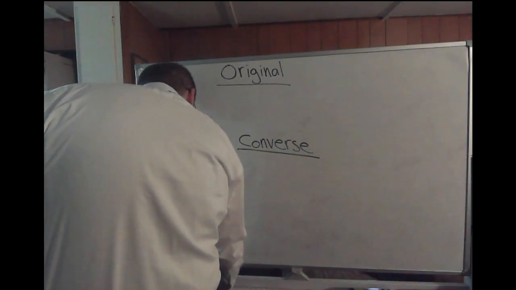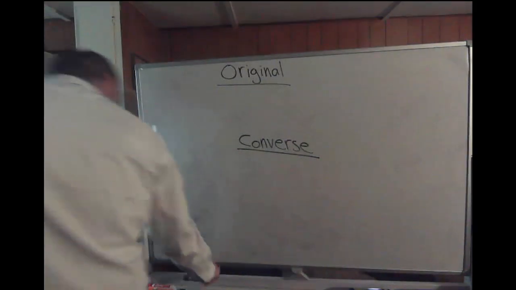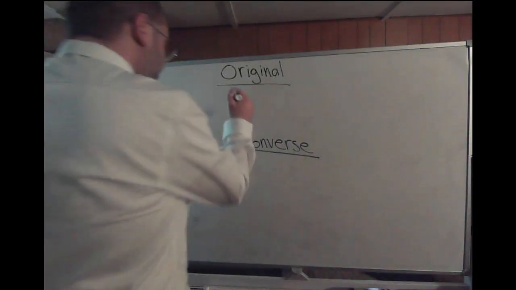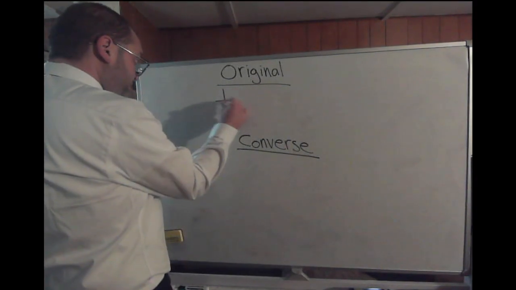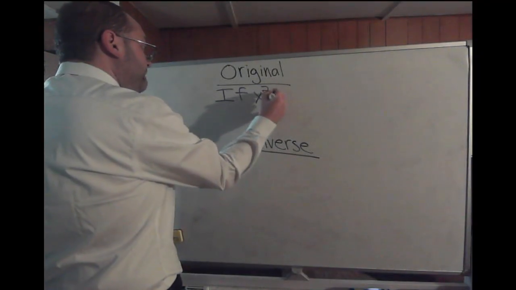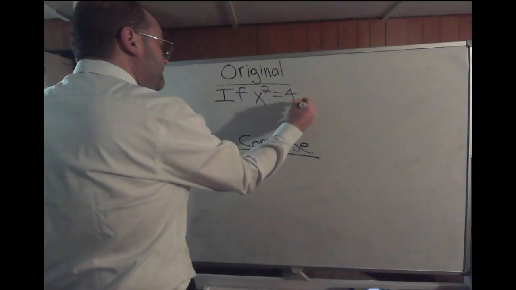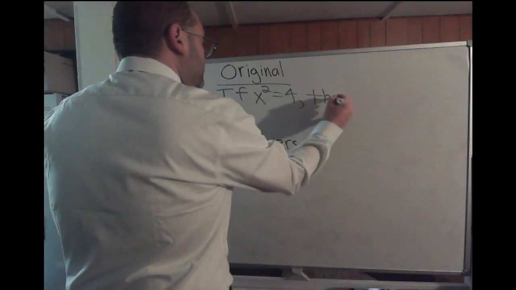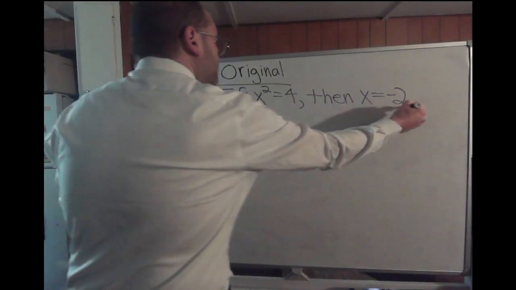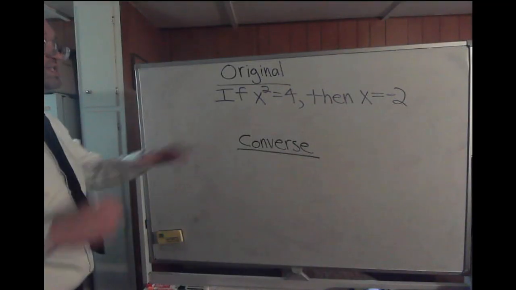Alright, so what would be the next one? If x squared equals 4, then x equals -2. So this is the original statement.